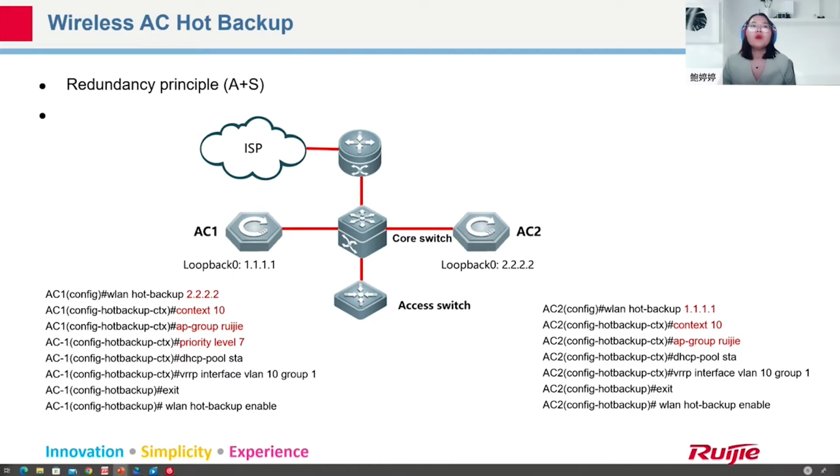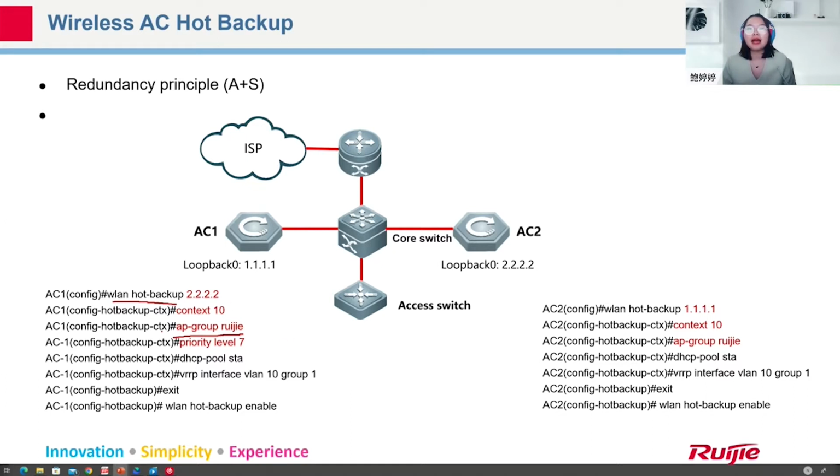On AC1, we add the WLAN hot backup configuration, with the loopback address of AC2, 2.2.2.2, and a contact number, contact 10. Then this is the hot backup information for the AP group Ruijie. Of course, we have to add the AP into the Ruijie group.